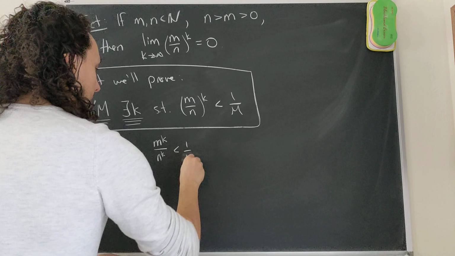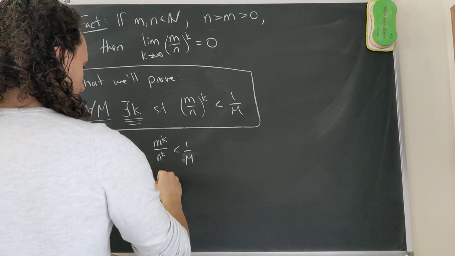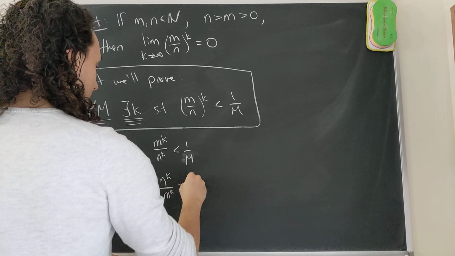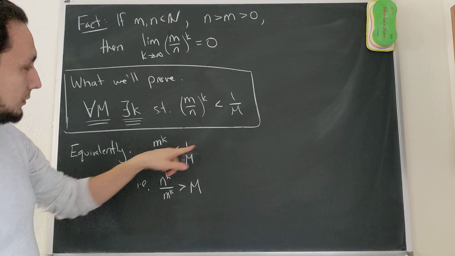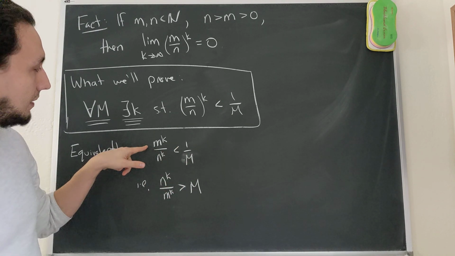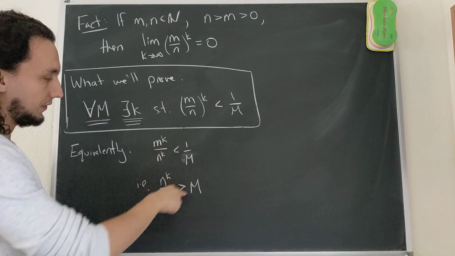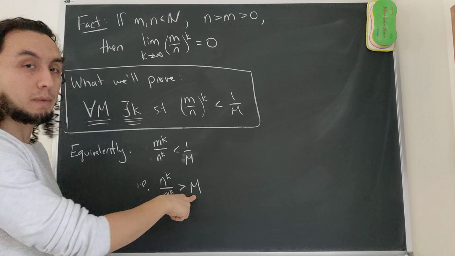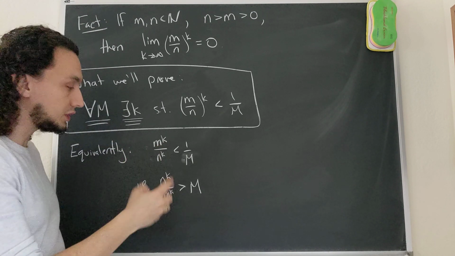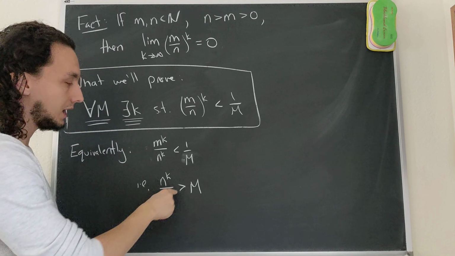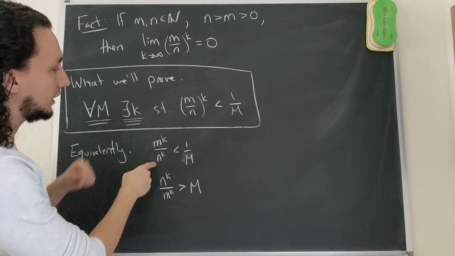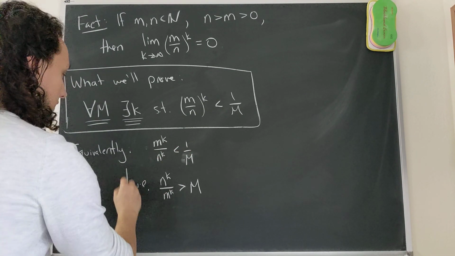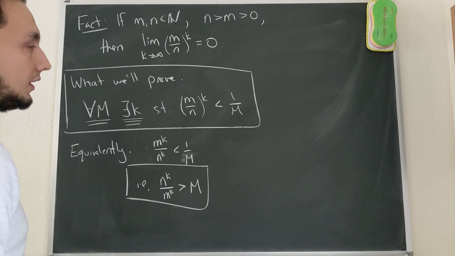This should be a capital M. n to the k over m to the k is greater than M. So if I multiply both sides by n to the k and both sides by M, and then divide both sides by m to the k, I get this expression, which is exactly like saying, if I take the reciprocal of this fraction, it gets arbitrarily large, right? In other words, the ratio between n to the k and m to the k gets arbitrarily large, which is why the fraction of m to the k divided by n to the k gets arbitrarily small. So this is just going to be slightly easier to work with.